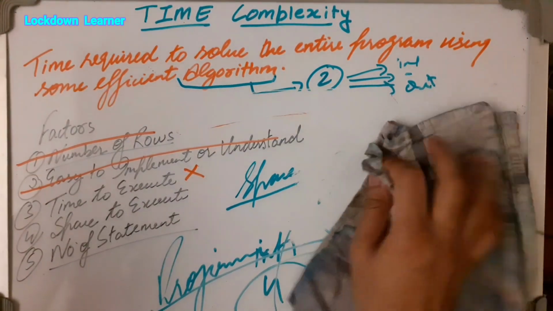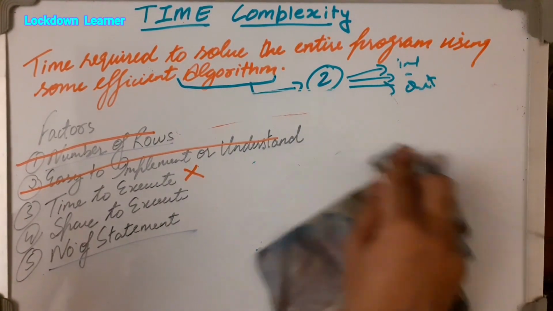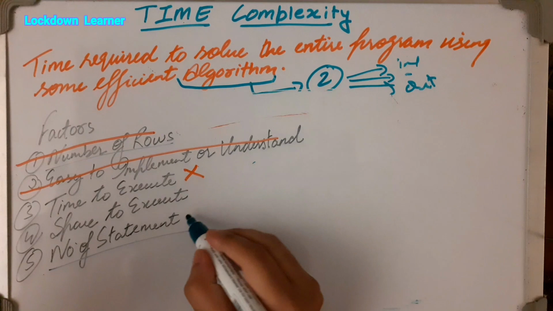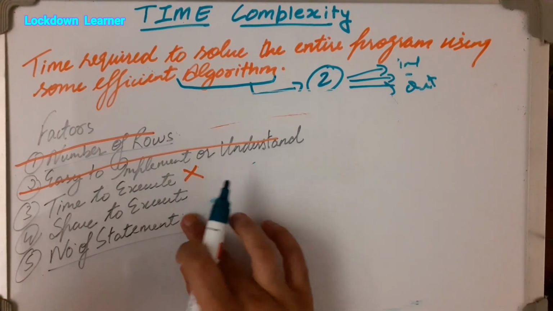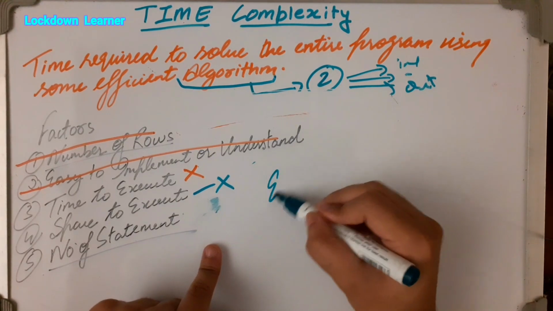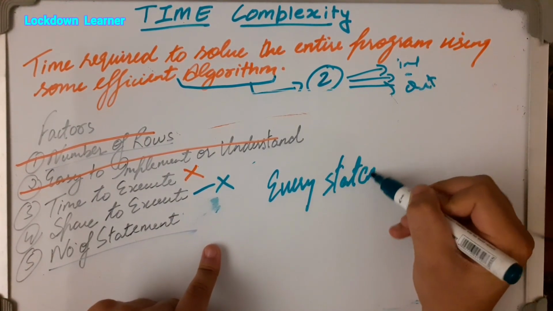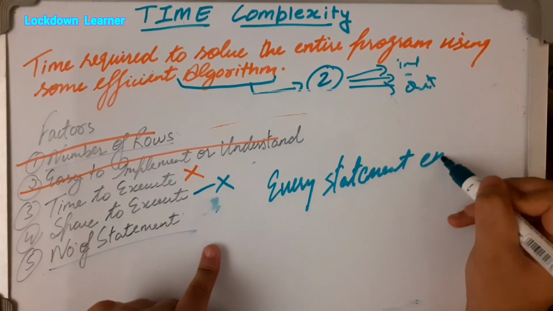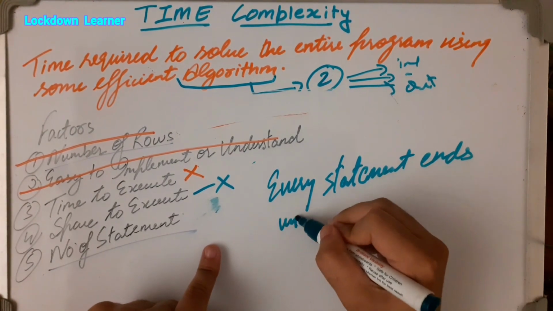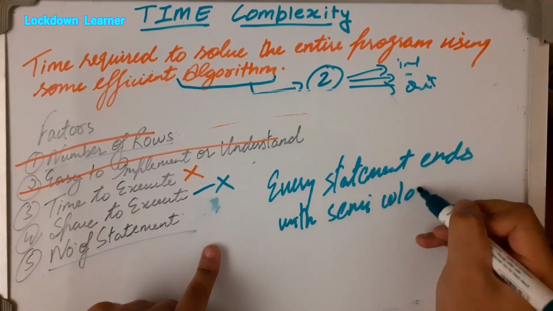Now the last one we are left with is the number of statements. Let me clear up the difference between the number of rows and the number of statements. Note this: every statement ends with a semicolon.